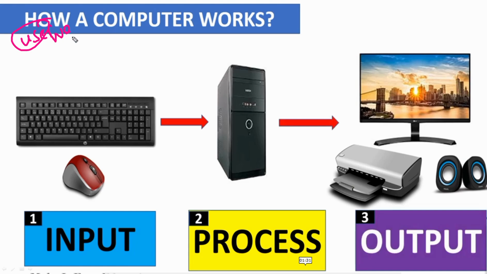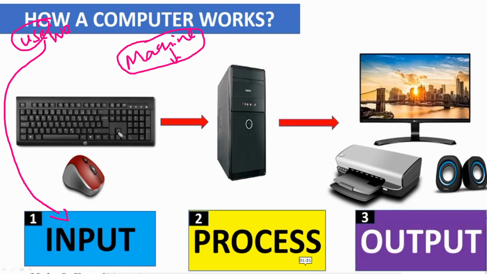Why should we instruct the computer? The reason is that a computer is just a machine and it doesn't have the capacity to work on its own. There is no thinking capacity, so as the user we instruct the computer.